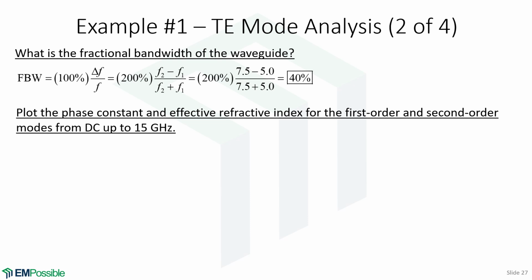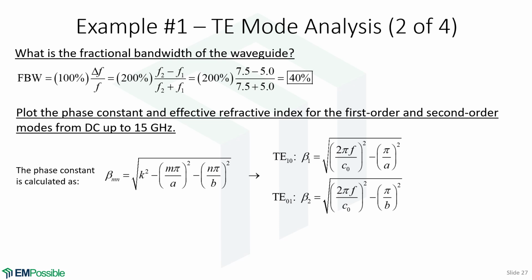So let's plot the phase constant and effective refractive index for the first and second order modes all the way from DC up to 15 gigahertz. So we need some equations to do that. So we have our phase constant, and if we plug in 1 and 0 for M and N, here's the phase constant we get.